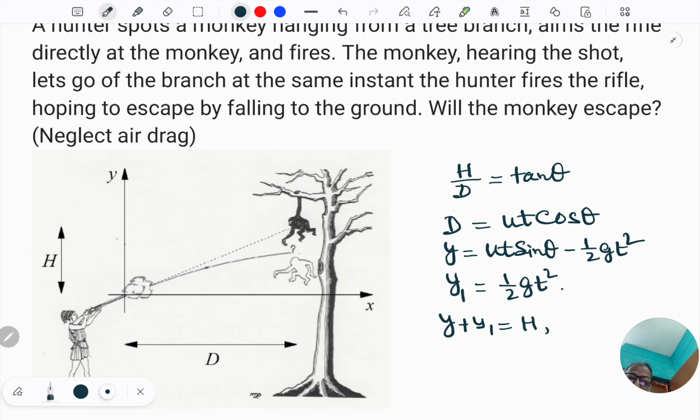Well, as you understand from all these equations, it involves a lot of mathematical calculations to eliminate the different unknowns that we have assumed to define the problem, and to get the final relation of y plus y1 and check whether it is equal to h or not.